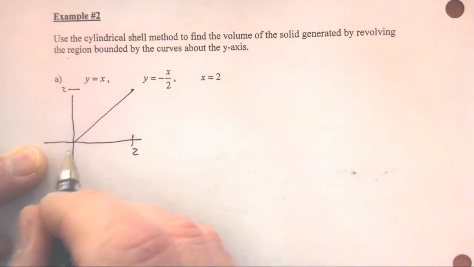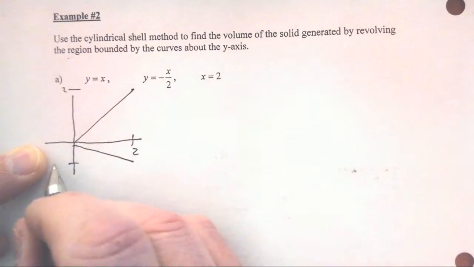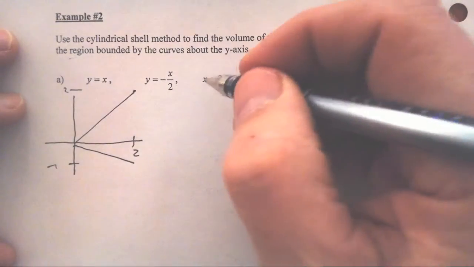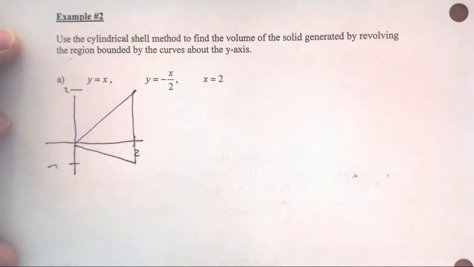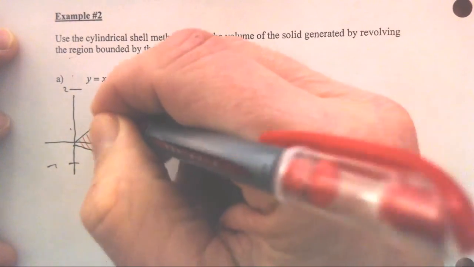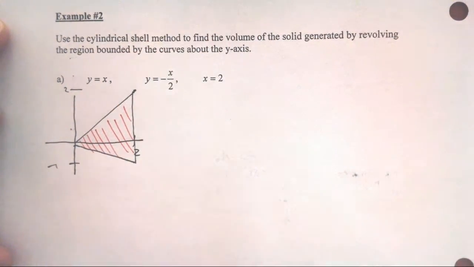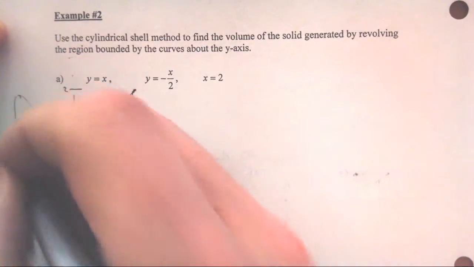This would go up to 2. This would go down to just -1. And we've got the line x equals 2. So everything is in the first quadrant, well, to the right of the y-axis, I should say. So we are taking this, and we're going to rotate that around into here.